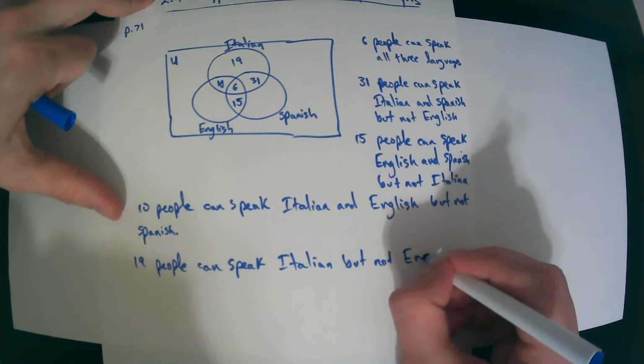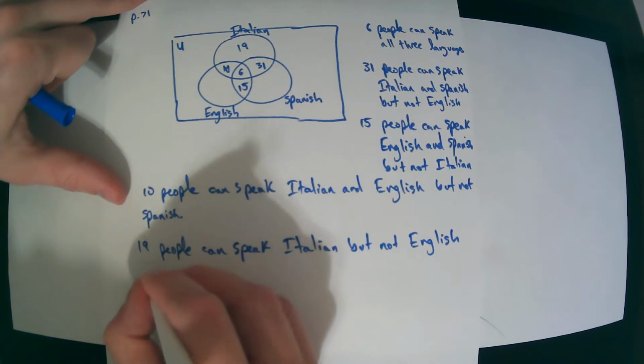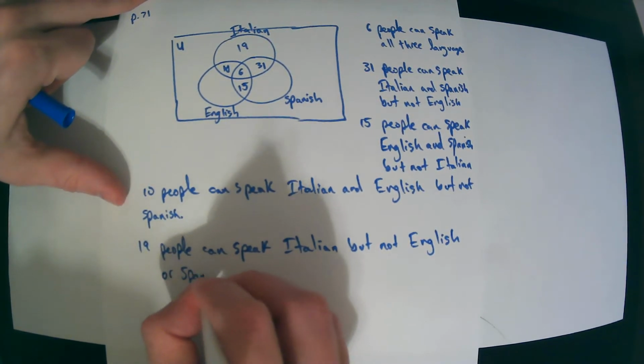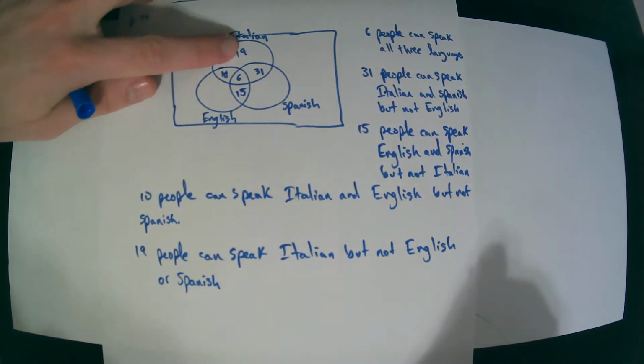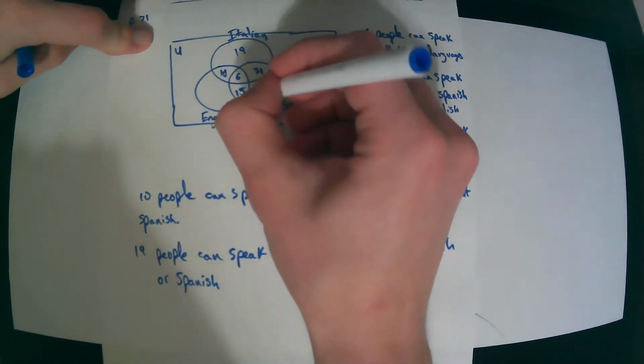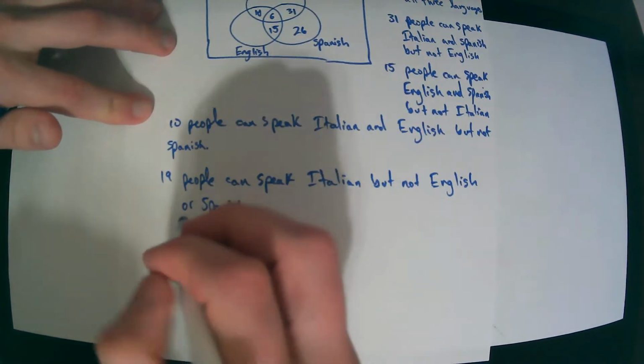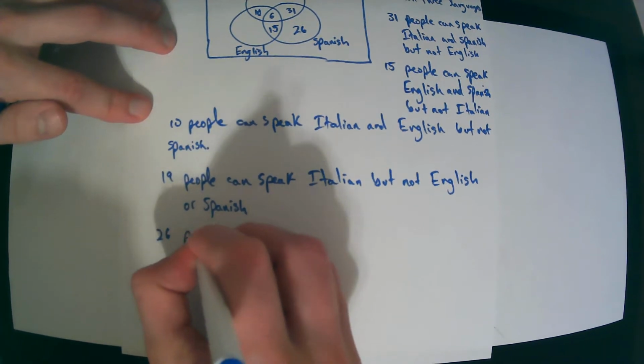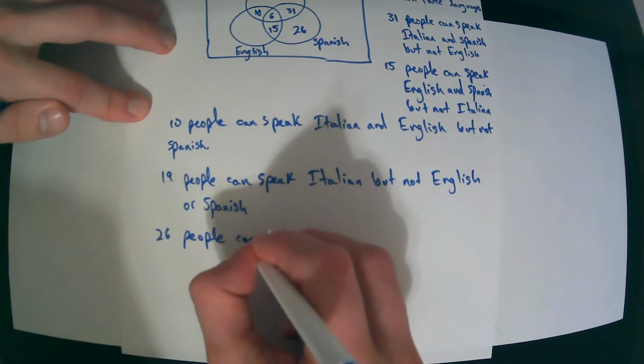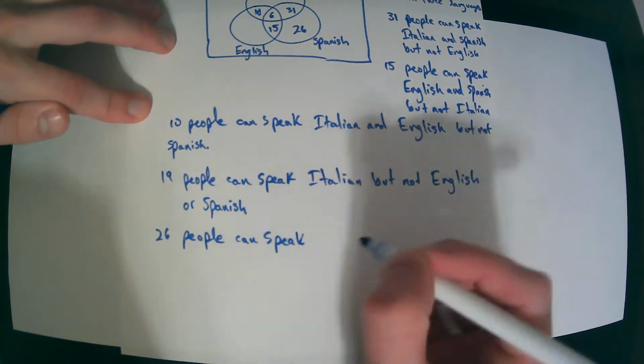So they do not speak English or Spanish. So they can only speak Italian. 26 people can speak Spanish, but not Italian or English.